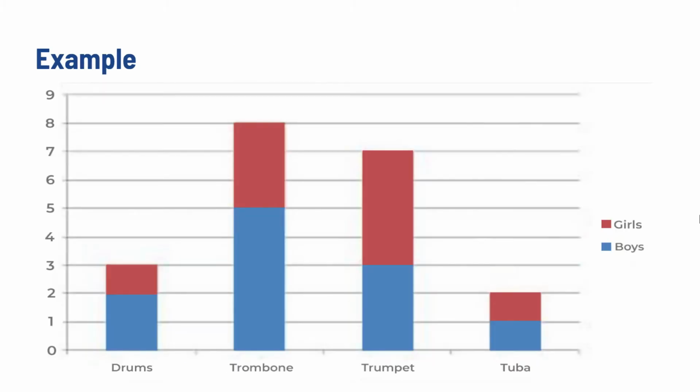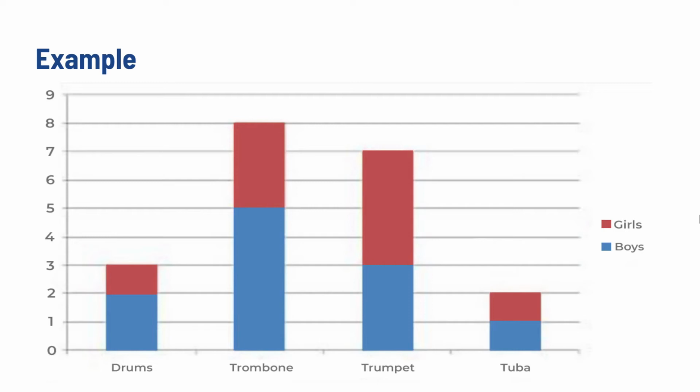Let's say you have been asked to create a graph to illustrate the demographics of the marching band at your local high school. Specifically, you should show how many students play each of the following four instruments: drums, trombone, trumpet, and tuba. You need to show how many of the musicians are male and how many are female for each instrument.